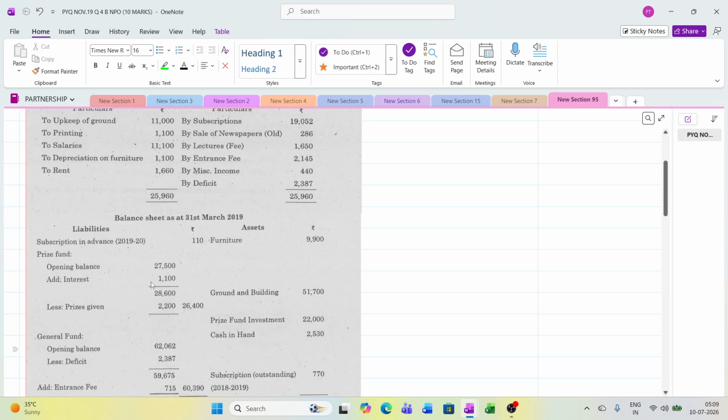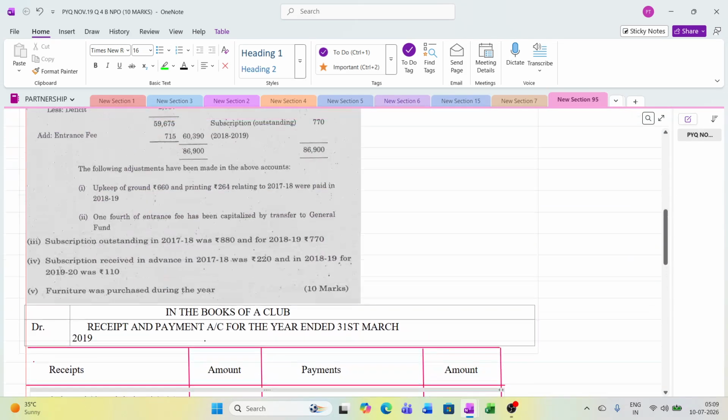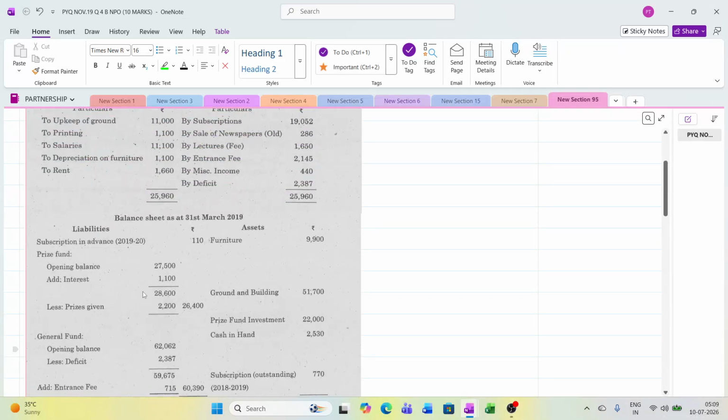Add interest means this year they have received this interest. So 1,100. So this should go to your receipt and payment account on the receipt side. So take that to interest on investment 1,100. Okay, so this item is over.